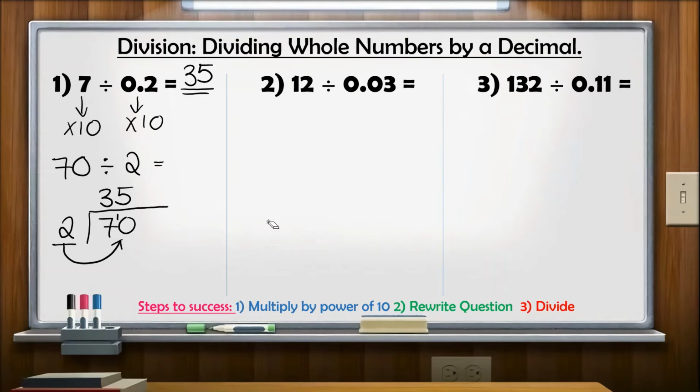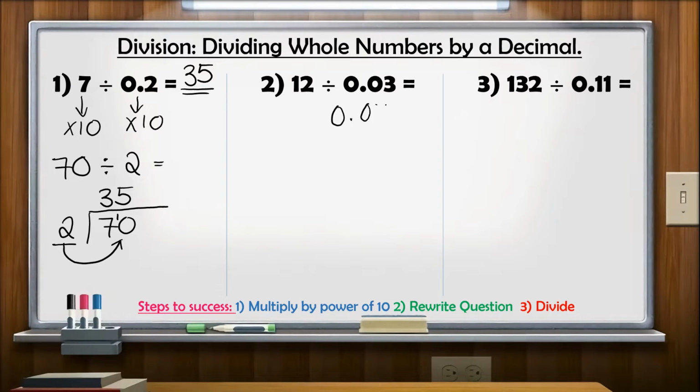Now moving on to example 2, 12 divided by 0.03. Now I'm going to use my same steps to success to get my answer for this particular question. So I'm going to do the first step, which is to multiply by a power of 10. Now the aim is to try and get both numbers to be whole numbers. So I can see I have a decimal number, which is my 0.03.